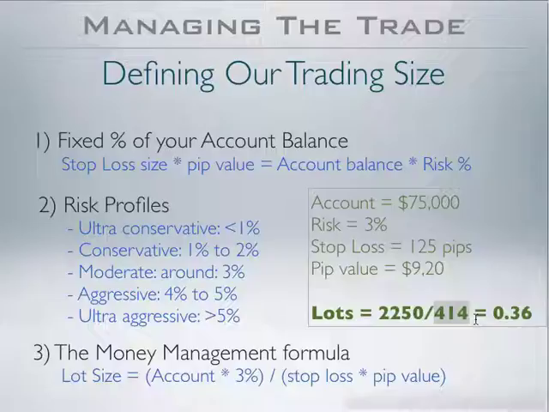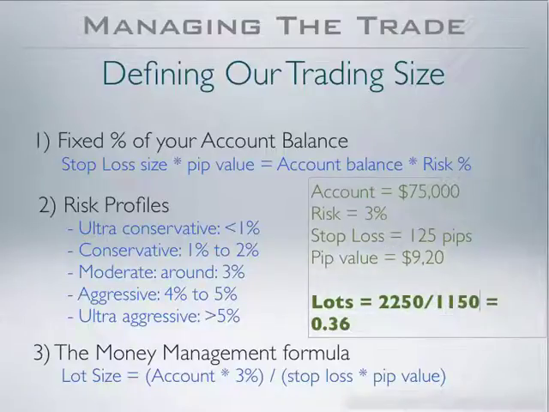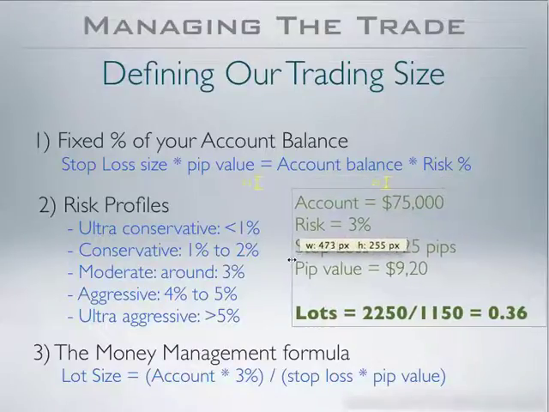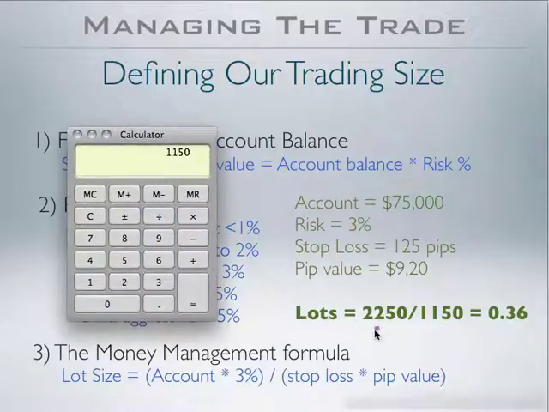So we need to change that, and let me make that a little bit wider so it fits on my screen. Now we need to calculate 2,250 divided by 1,150. Just give me a sec. All right, 1.9 standard lots.